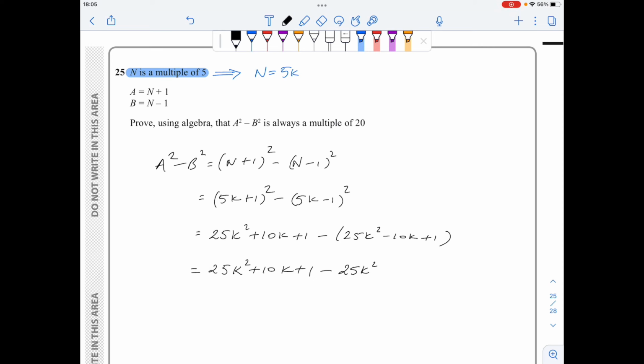Now be careful, minus times a minus gives plus 10k, minus 1. I can cancel out the 25k squared and also the plus 1 with the minus 1, and I am left with 20k, which means it's a multiple of 20. So I'm just going to write proved, and that's the end of the question.